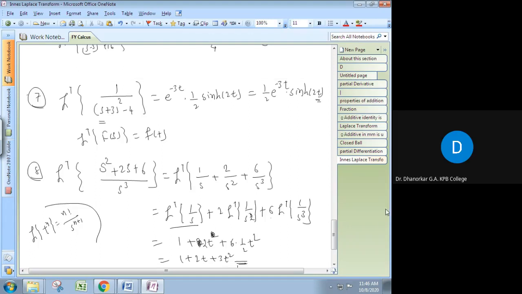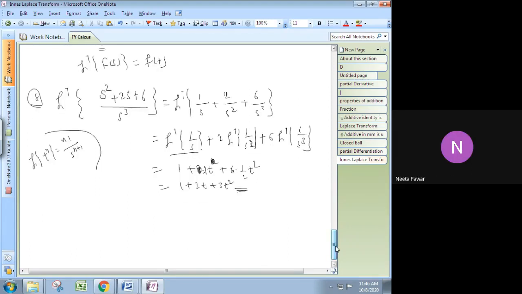Here we are dividing by s cube. Therefore this is 1 by s. This is 2 by s square. Here is s square. Now see here, the numerator goes on increasing, s plus 1. Therefore, if s plus 1 is there, then here is only n.